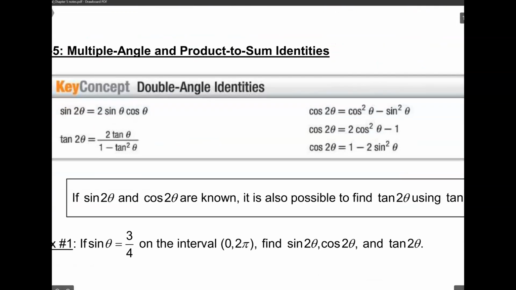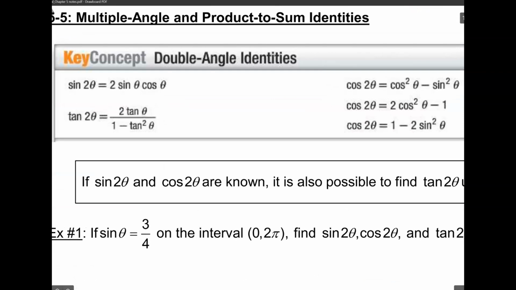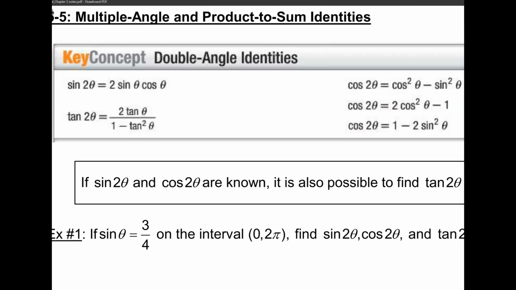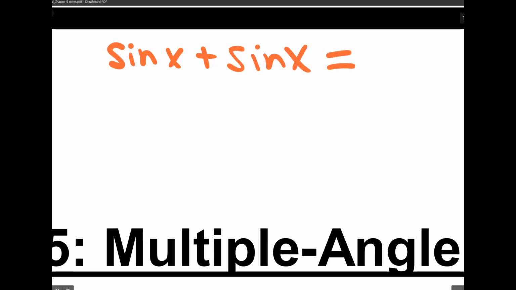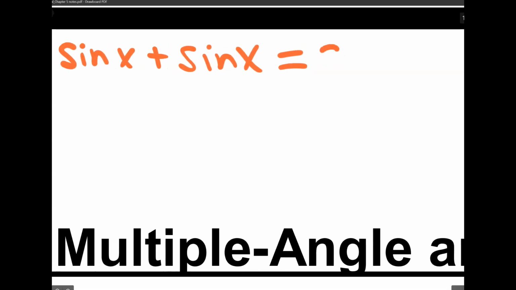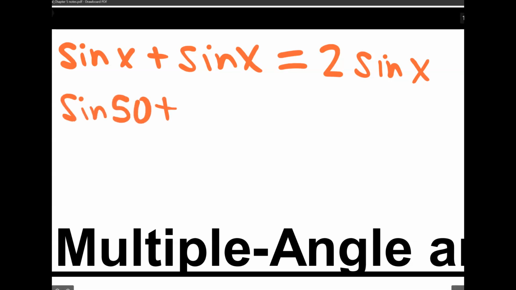All right, 5.5, multiple angle and product to sum identities. Let's do a little review, little practice. If I would have sine of x plus sine of x, what is this equal to? 2 sine of x. Awesome. What if I said something like sine of 50 plus sine of 50? 2 sine 50.